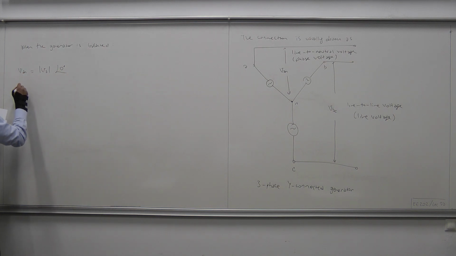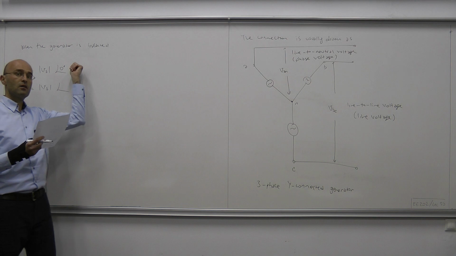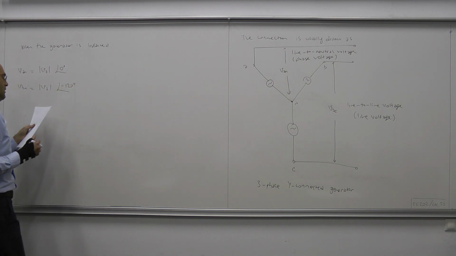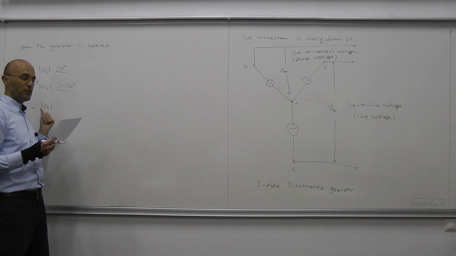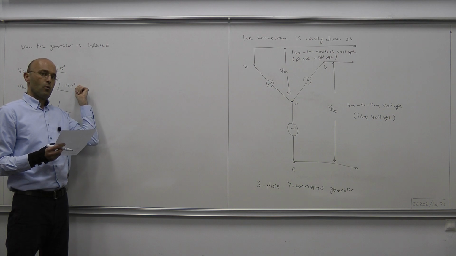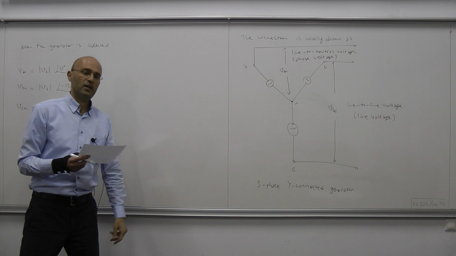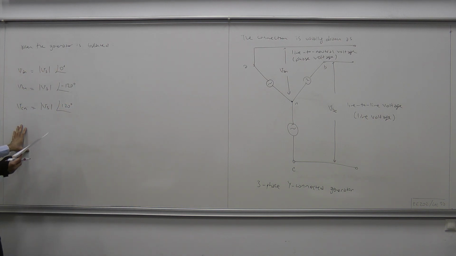And then VBN has the same magnitude, and we go clockwise 120 degrees, so that produces minus 120 degrees. And for VCN we have the same magnitude, and we go further 120 degrees clockwise, so that makes minus 240, but minus 240 is same as plus 120, so let's write here 120 degrees.